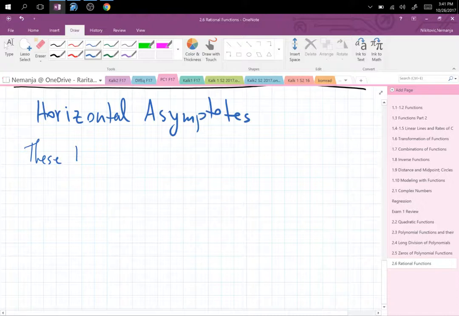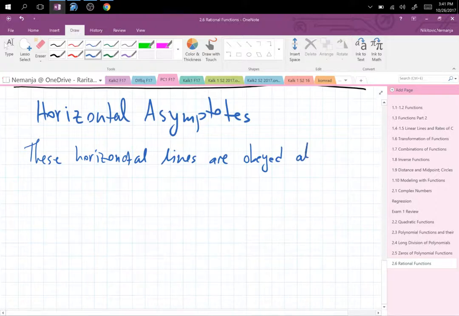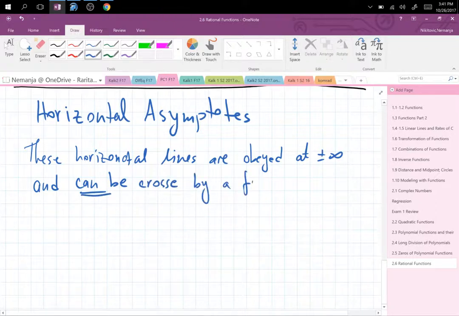So these horizontal lines are obeyed, I guess, at positive and negative infinities and can be crossed by a function.